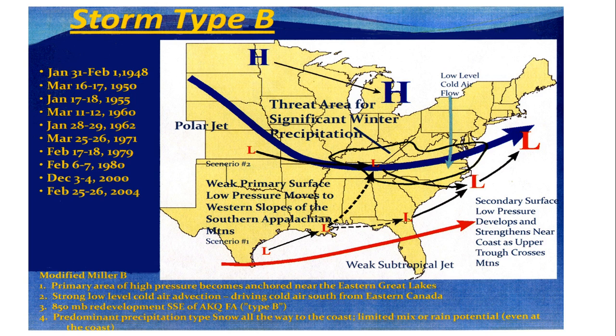In one scenario, you have an area of low pressure that will tend to develop in the Gulf of Mexico. You've got a weak subtropical jet, and this area of low pressure eventually will work its way from the Gulf of Mexico in scenario one to southeast Louisiana. Now, sometimes the area of low pressure will then move northeastward towards eastern Tennessee.